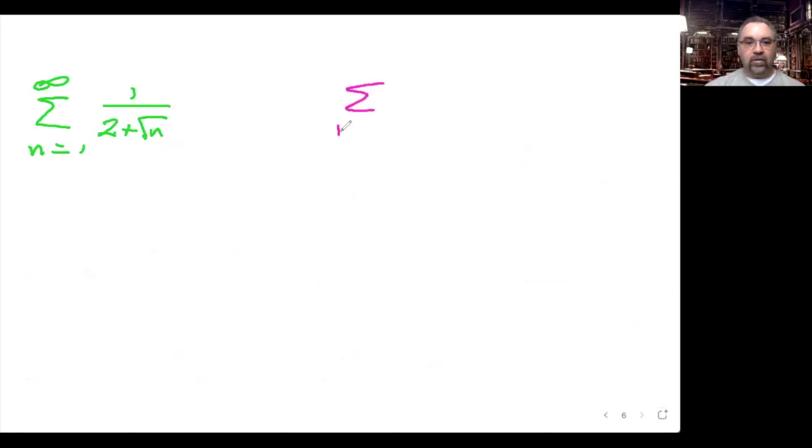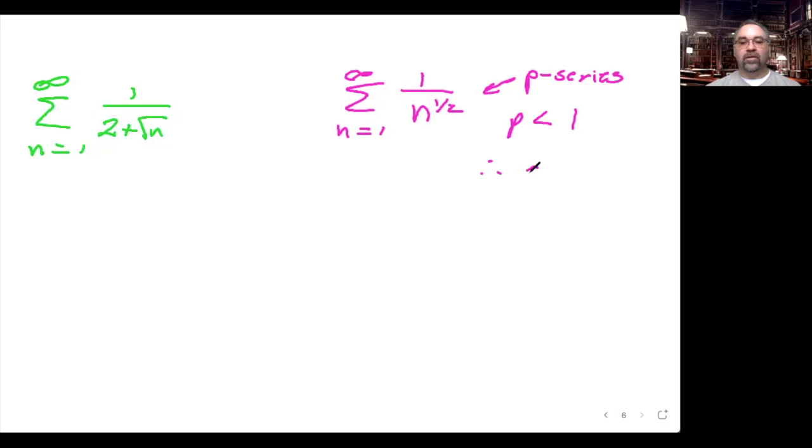So what's this series look like? The sum from n equals 1 to infinity of 1 over n to the 1/2 power. Oh, that's what kind of series? That's a p series. And look at p. p is less than 1. Therefore, this is divergent.